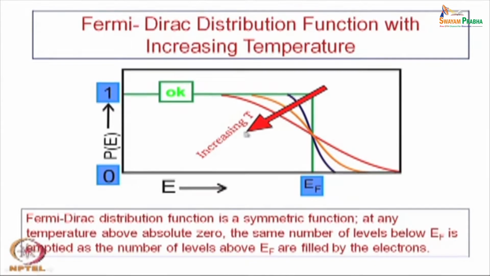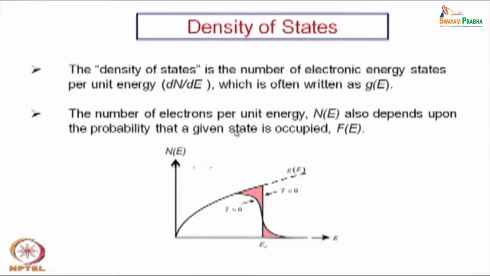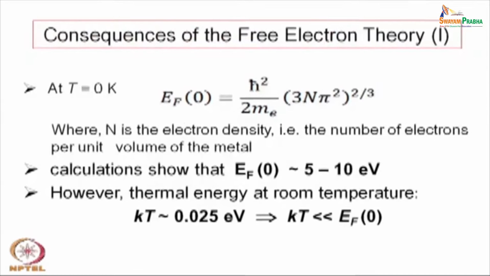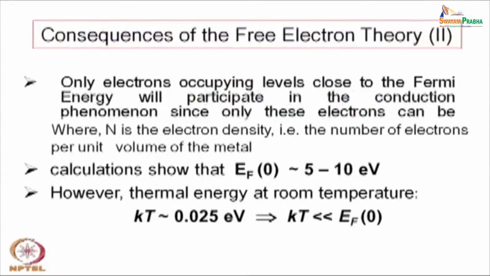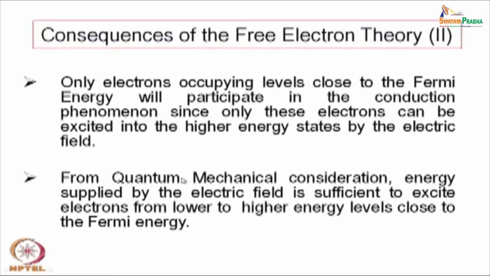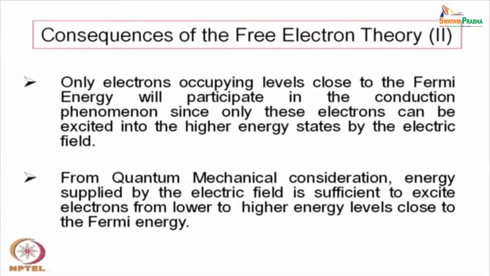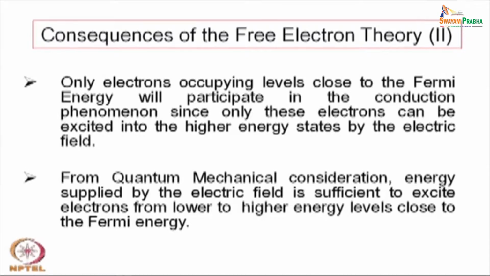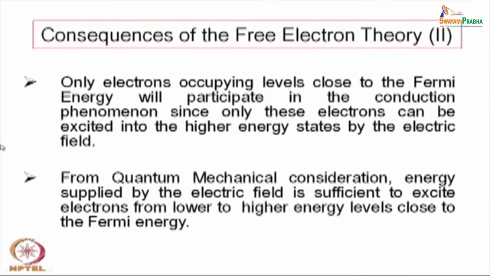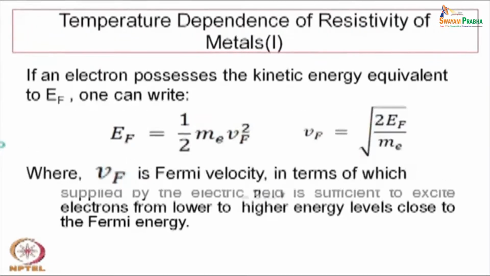So, another important aspect is that not only thermal energy, but the impressed EMF, or the electrical energy, also has a similar effect. That is what is mentioned here: from quantum mechanical consideration, energy supplied by the electric field is sufficient to excite electrons from lower to higher energy levels close to the Fermi energy. That is another aspect of this theory.